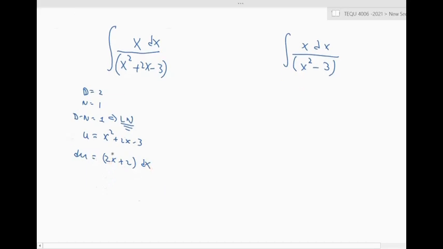There's a problem here, because basically you will not be able to separate the variables properly, okay? And that creates a problem, because you will end up with something like this: du over 2x plus 2 equals dx. See? And that's a problem.